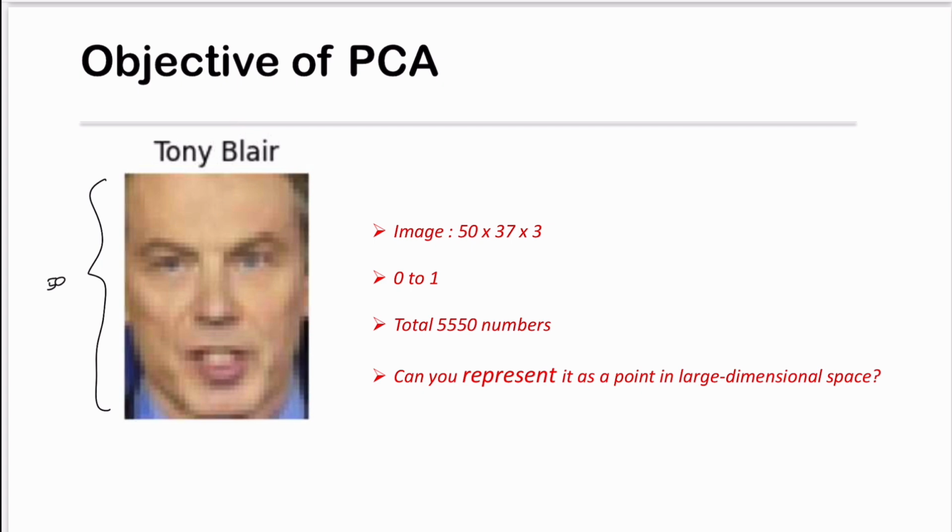There are 50 pixels here and 37 pixels here, and each pixel is represented by 3 scalar numbers between 0 and 1, say 0, 0.7, 0.5, and 0.4, each representing the red, green, and blue components in that particular pixel. So ultimately we will have 5550 numbers or scalars to represent an entire image in the dataset, each of them being between 0 and 1.